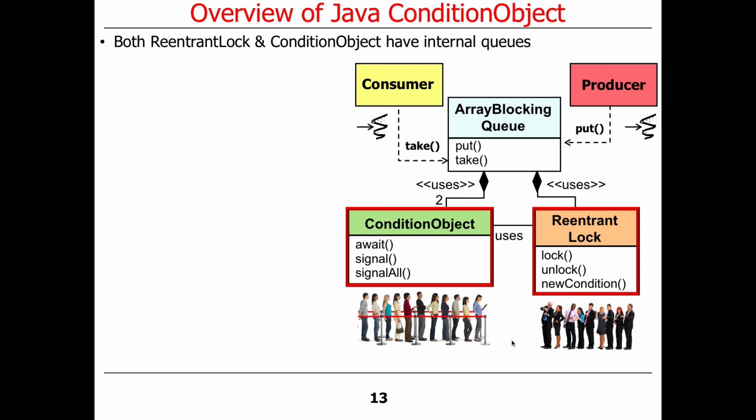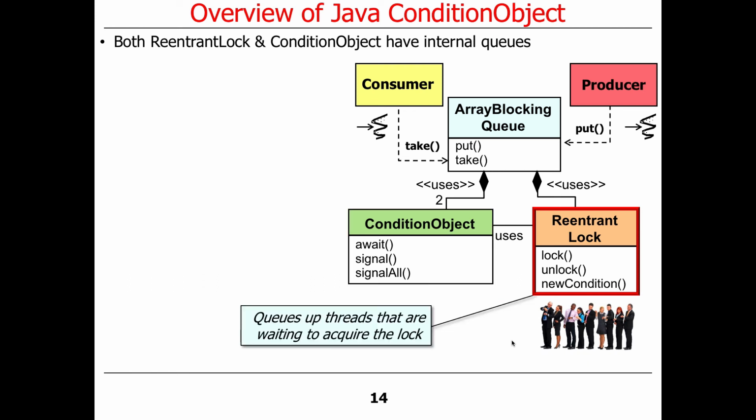Both an instance of a ReentrantLock and an instance of a condition object have internal queues. And these queues are used for slightly different things. The queue for the ReentrantLock is used to queue up threads that are waiting to acquire the lock. So remember, as we talked about before, think about the queue of waiters at a restroom in an airplane, where they're queuing up to get into the restroom. So that's kind of the ReentrantLock queue.